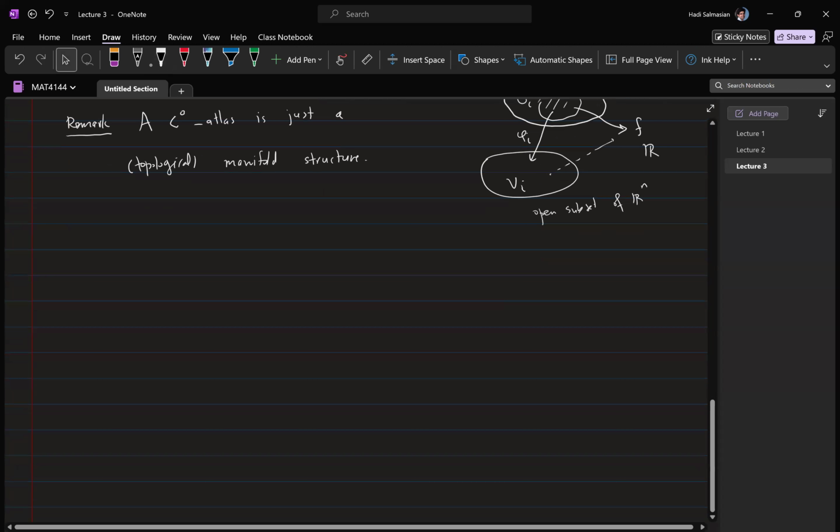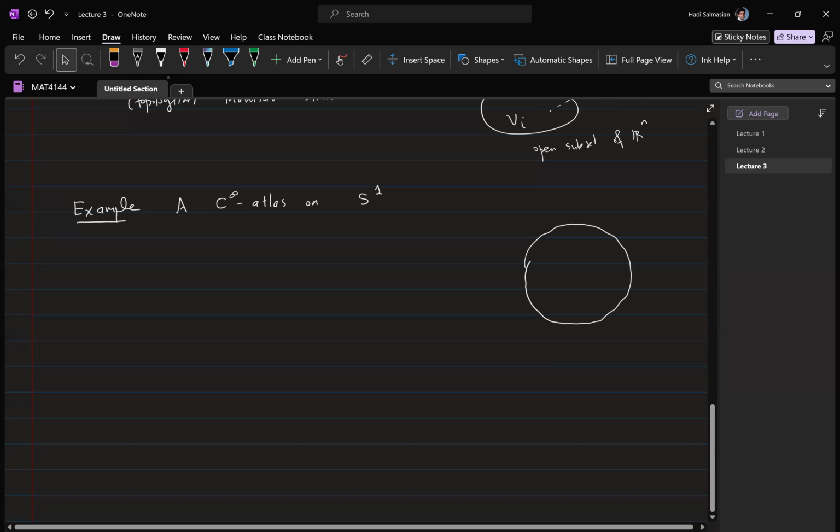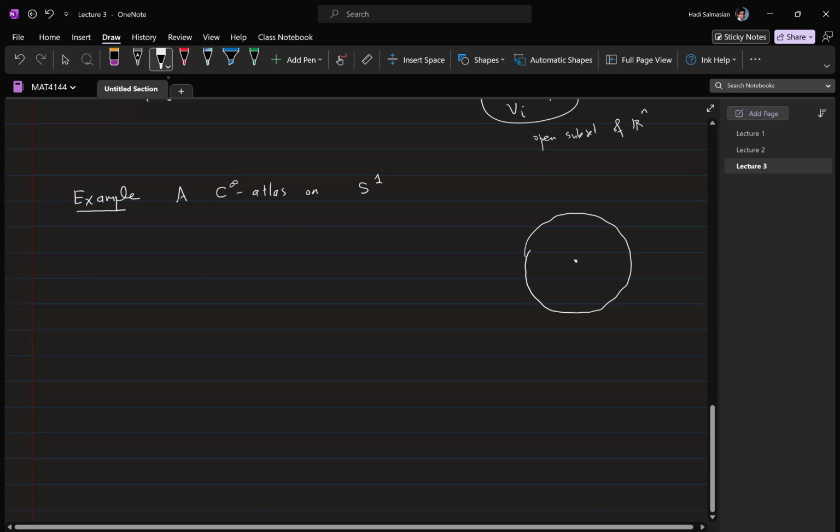Now let me give you an example of some C^1 structure. In fact, this is a C infinity structure, but doesn't matter. So example, maybe I should call it a C infinity structure. There is a C infinity atlas on S^1. So what is S^1? It's just the unit circle sitting inside, say, C or R^2, okay?